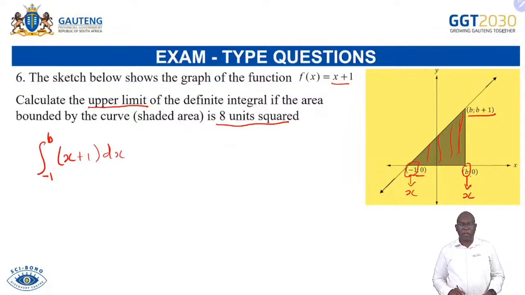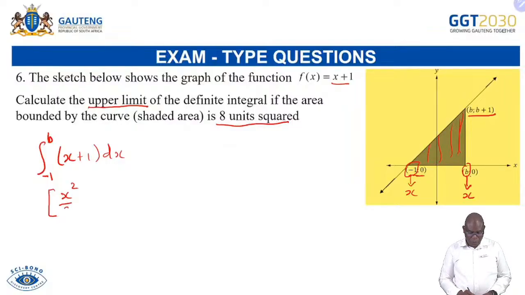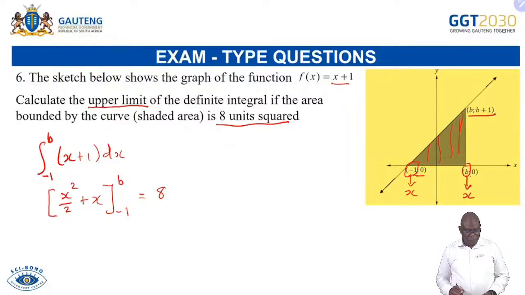Oh, that's quite easy. Then when we integrate that, what do we get? x squared over 2 plus x, from -1 to b. That area equals 8 square units. And what do we do? We substitute. So I'm going to have b squared all over 2 plus b.